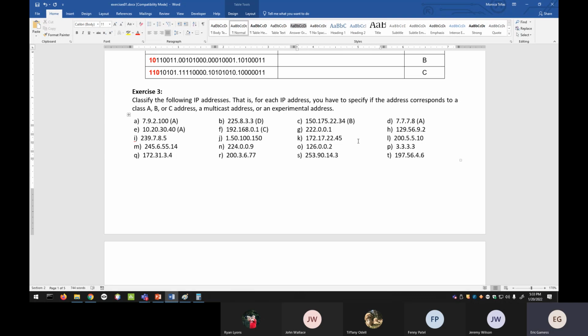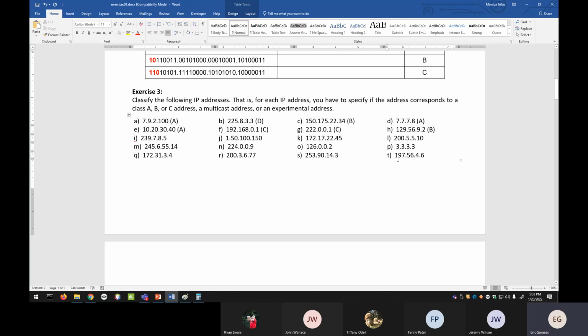C, correct. C is between 192 and 223. So this is 222, it's just before 223, so it's a C. What about this one? B. B is between 128 and 191, okay?